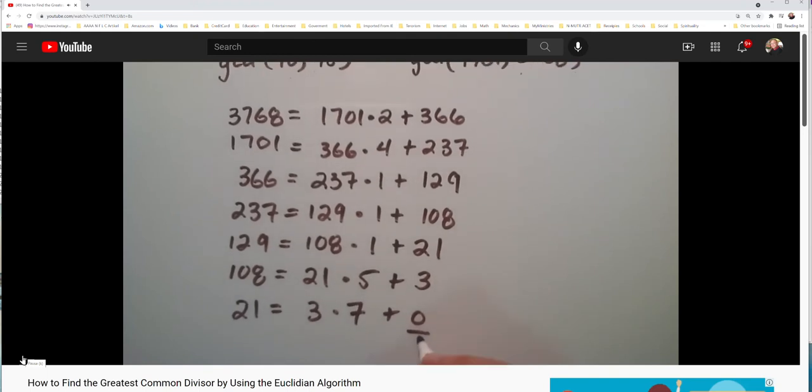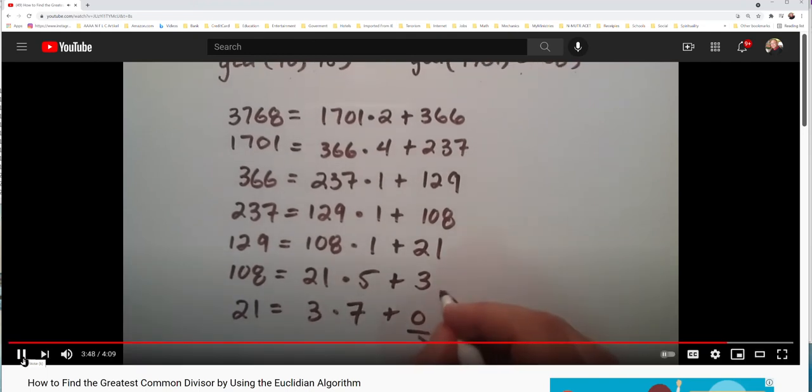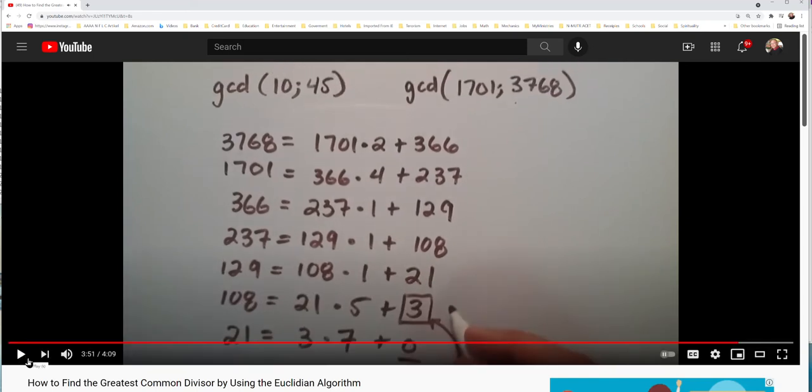So now we look back to our previous remainder, and this is the greatest common denominator. Okay, so in this video we finally found the greatest common divisor of these two numbers, 3.